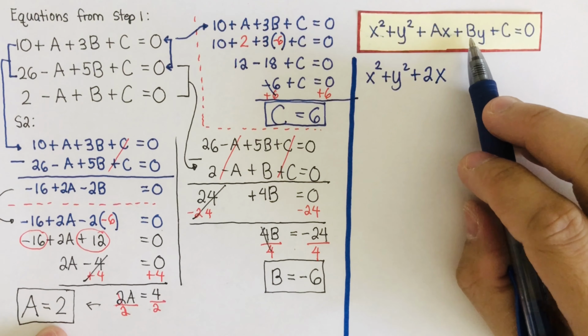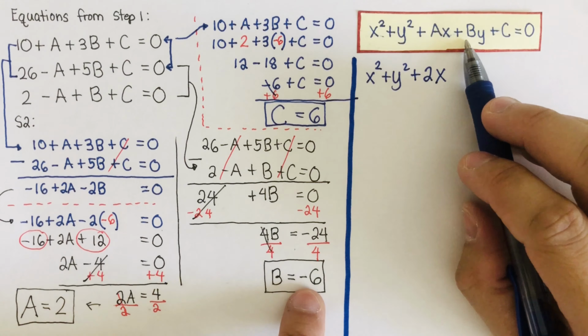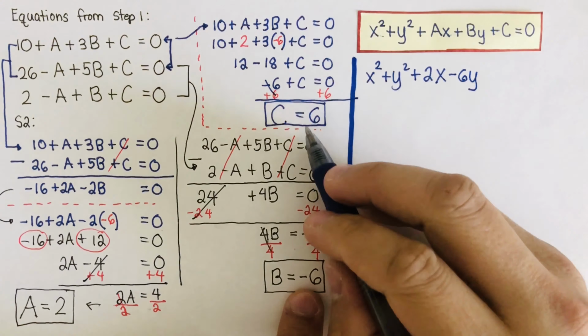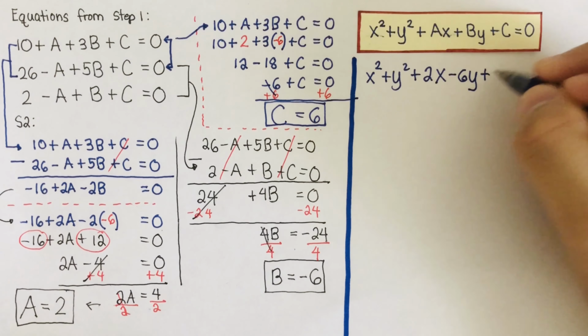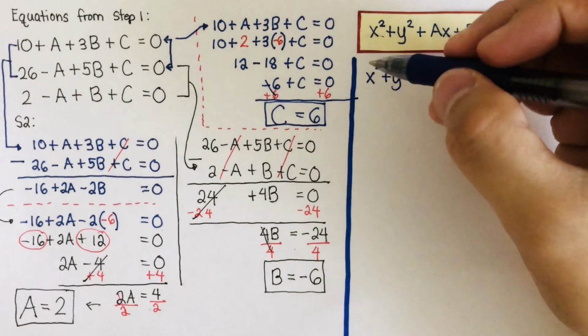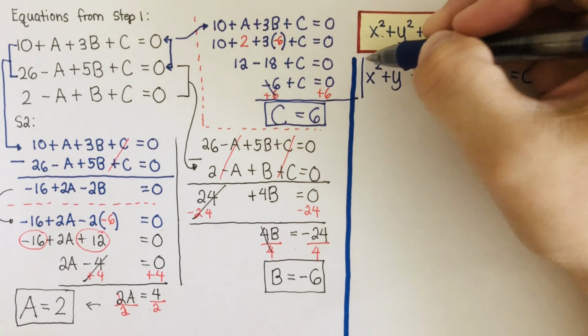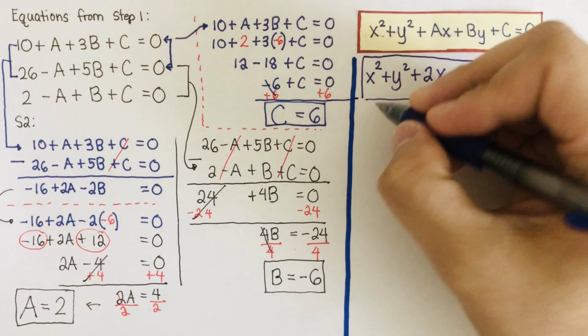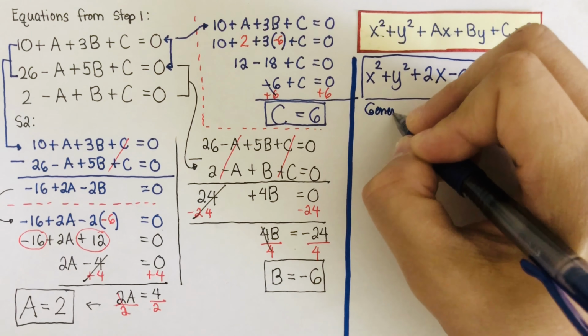And then the B is negative 6, so I go ahead and write negative 6y. And then the c is 6, so that would be plus 6 equals 0. This is the general equation of the circle. So I'm just going to label this as the general equation.